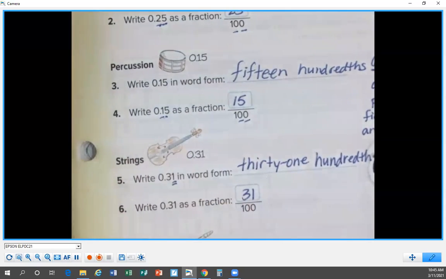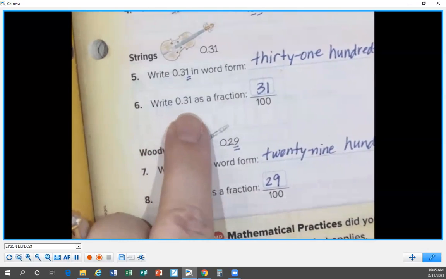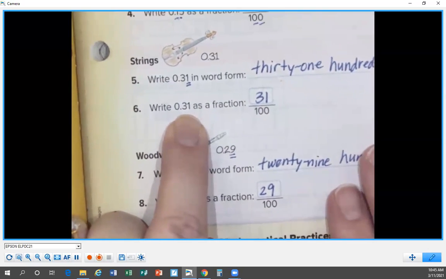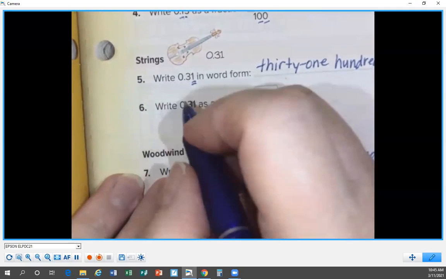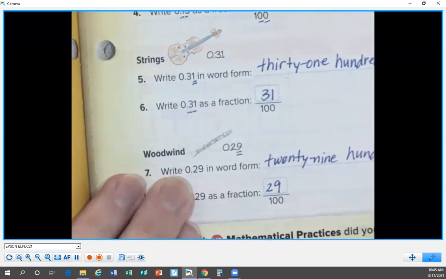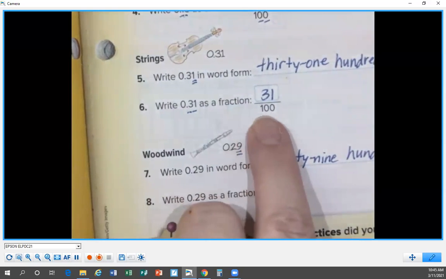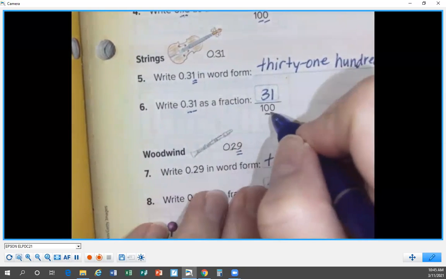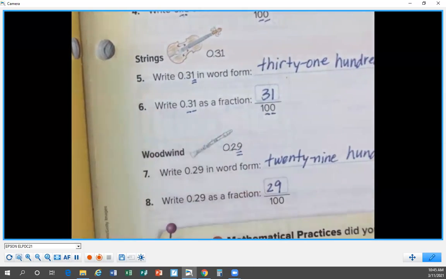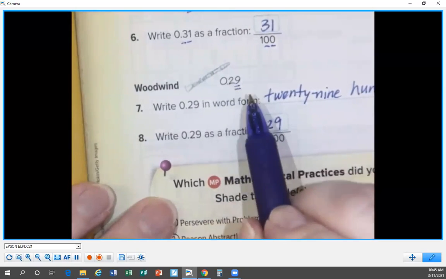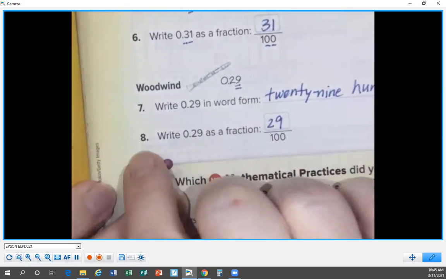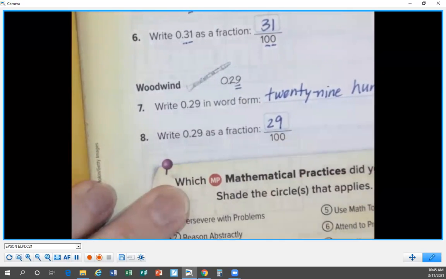Okay, look at number 6. 31 hundredths is how we read it as a decimal. 31 hundredths is also how we read it as a fraction. You look at your decimal, 2 digits after the decimal point. Then you look at your fraction, 2 zeros in the denominator. Looking at number 8, 0.29, 29 hundredths.